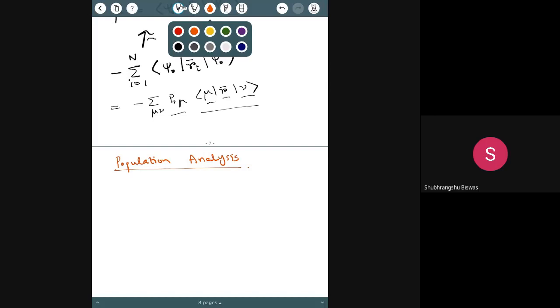And what is population analysis exactly? It is sort of the number of electrons to be associated with a given atom or nucleus in a molecule.